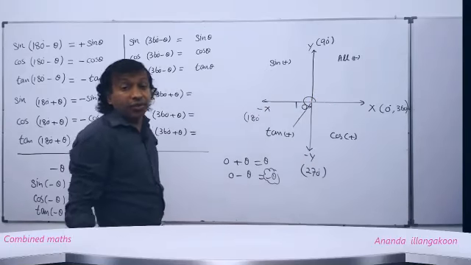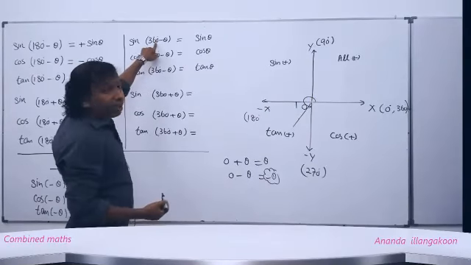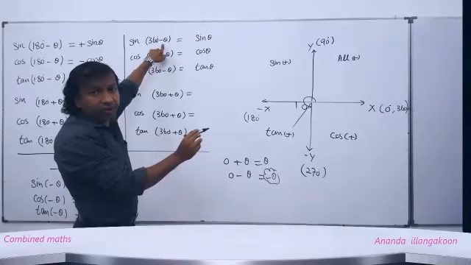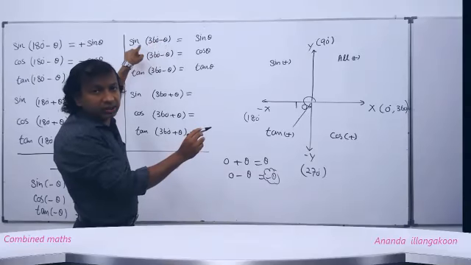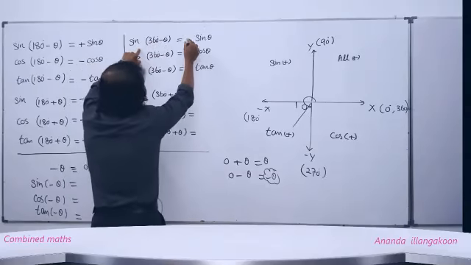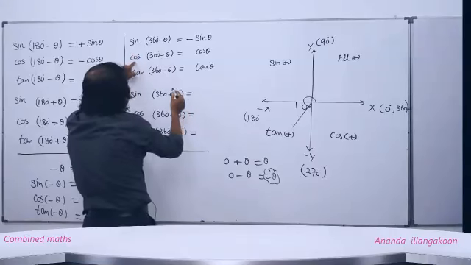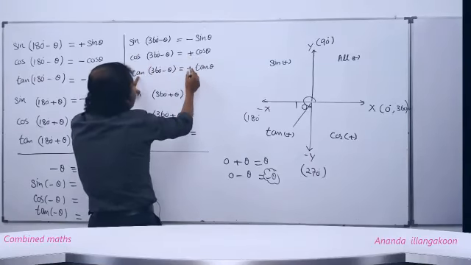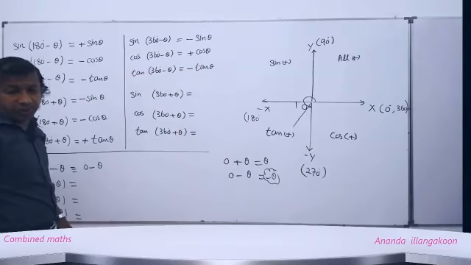The angle is in the fourth quadrant. You know, in the fourth quadrant only cos is positive. Fourth quadrant, sin negative. Fourth quadrant, cos positive. Fourth quadrant, tan negative. Correct, no, people?